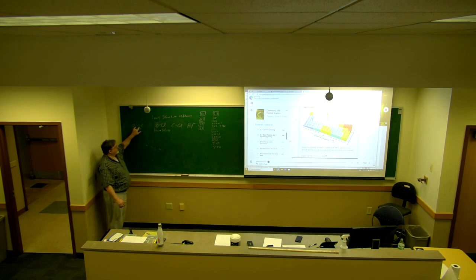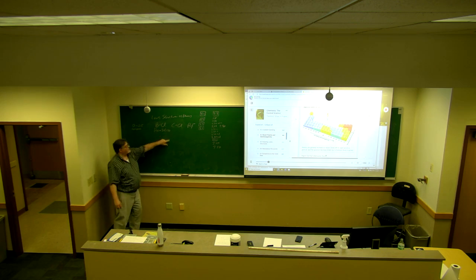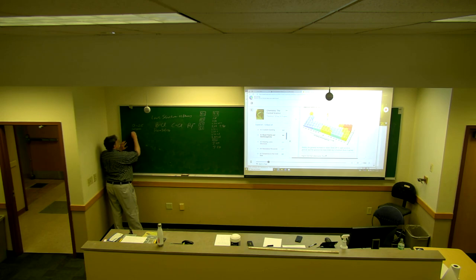So 0 to 0.5 is what I'm saying is from this equal sign. And then 0.5 to 1.9, we call that polar, which is what we're talking about. That would be a polar bond.